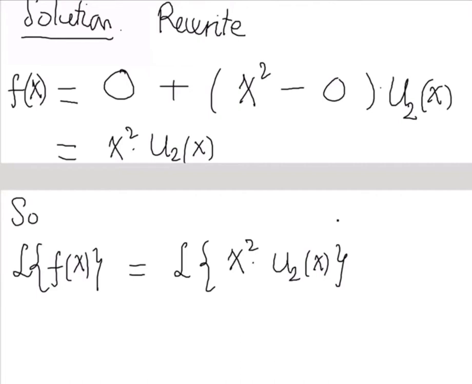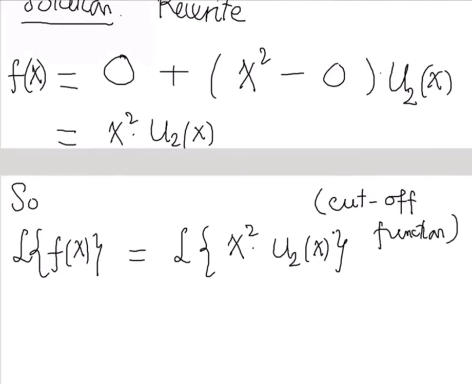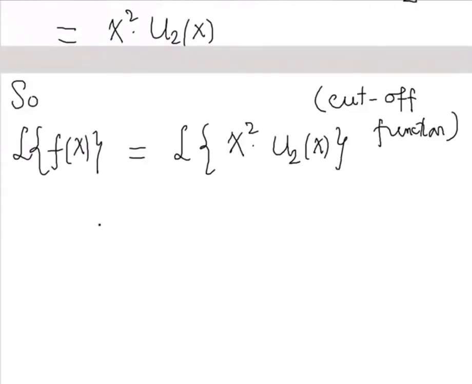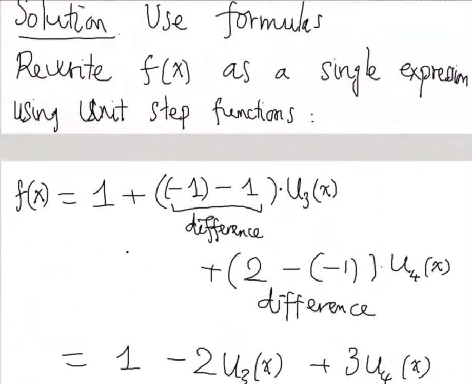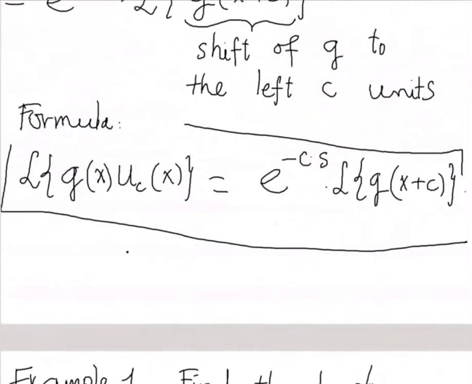This we need to use the formula for the cutoff function here. So how does the formula say? What does it say? Let's go back here. Laplace transform of the cutoff g of x times uc of x.